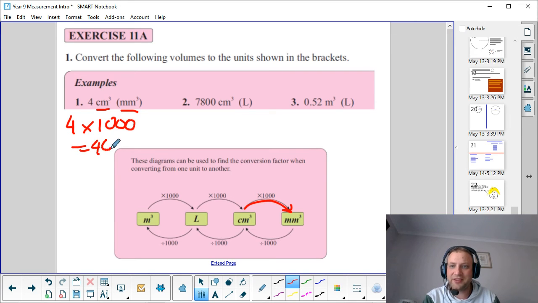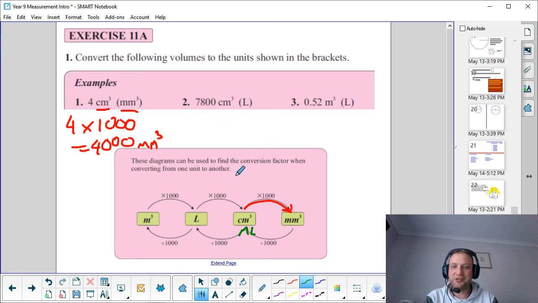So that gives us 4,000, and always very, very important to actually write down what kind of unit we're working with. Otherwise, the whole question's pointless, right? These are millimeter cubes. I converted them from one into the other. For the next one, I've got 7,800 centimeter cubes, or mils, really, because 1 milliliter is the same thing as a centimeter cubed. And I want to know how many liters that would be. So if you can imagine that's mils, you might have an easy time because you might know there's 1,000 mils in a liter.